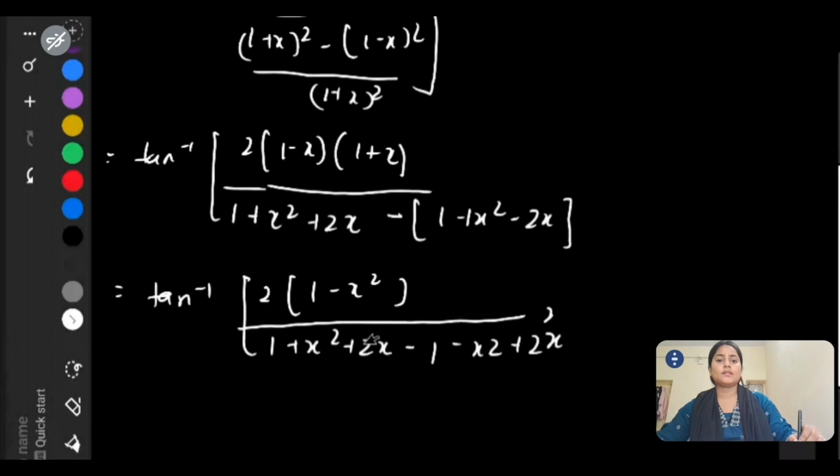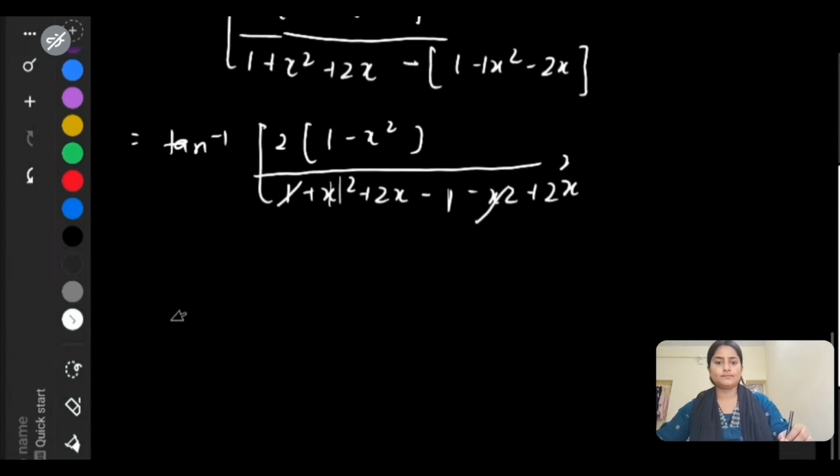Yeah, 2x. Now what do we see? Plus x square, minus x square, plus 1, minus 1 will cut. Okay.